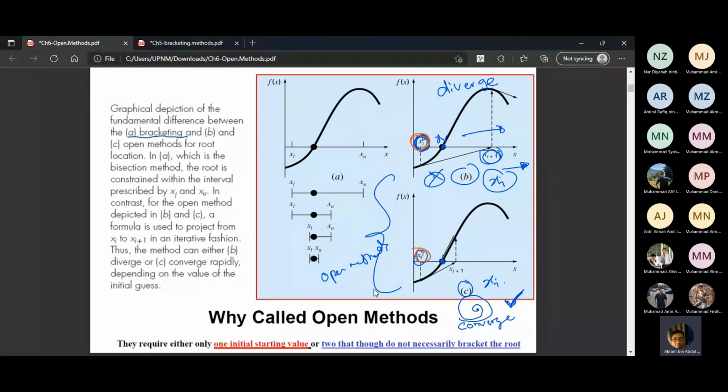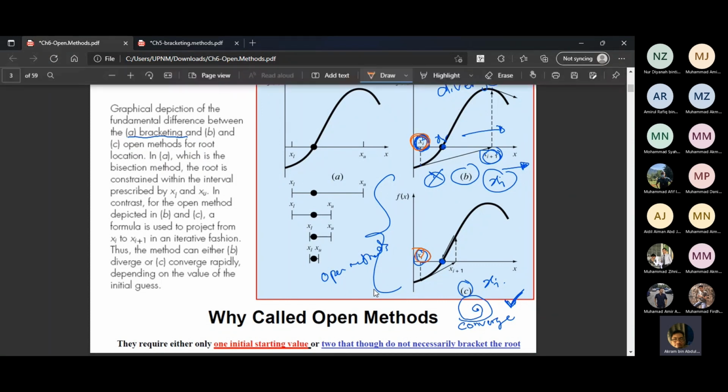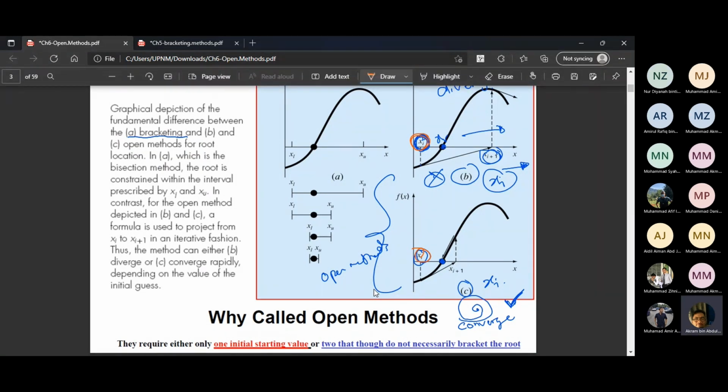Sometimes when you choose an xi value, your solution will go diverge, so away from the roots. And if you choose the correct initial, then you will get an iteration where your solution is going to converge towards the root.